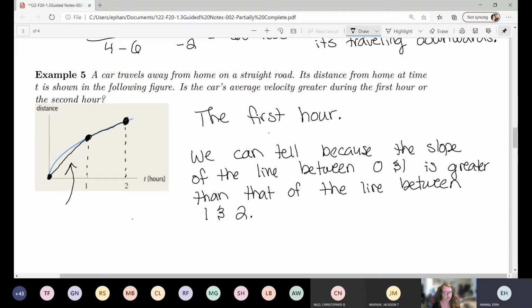Since the line segment in that first hour has a steeper slope than the second one, we know the average velocity must be greater during that piece. So you don't necessarily even need to know the values. If you can compare the steepness of the lines, you're still able to compare average rates of change, average velocity. And that's kind of an important detail. Any questions about average rate of change? Because we're about to go on to something different.